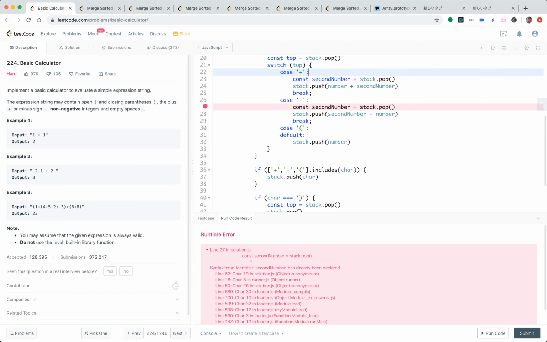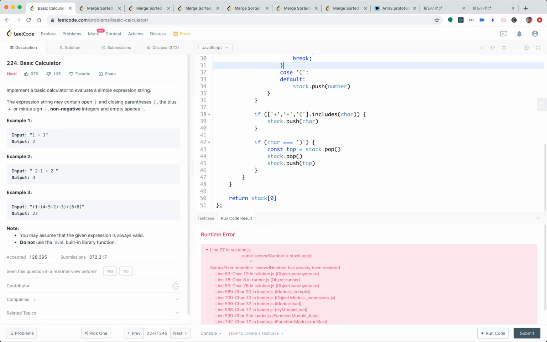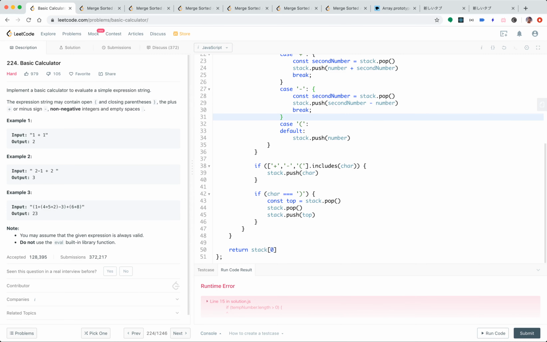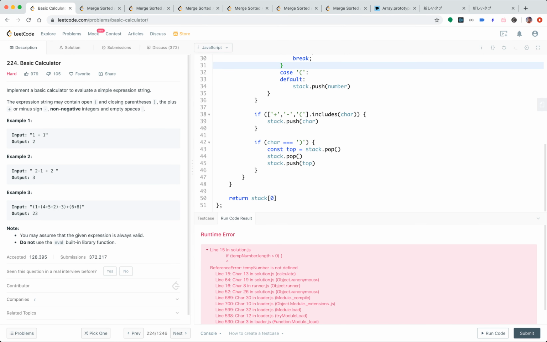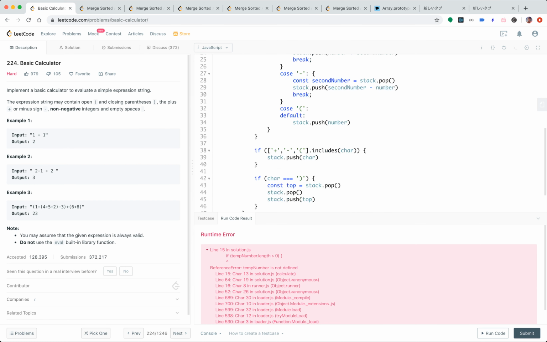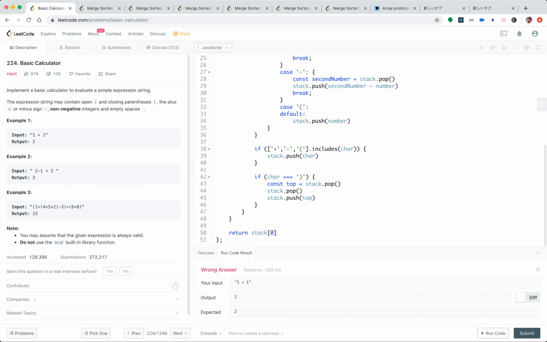So in ES6 there is a scope here. Temp number is not defined. Output 1. Expected 2. What?